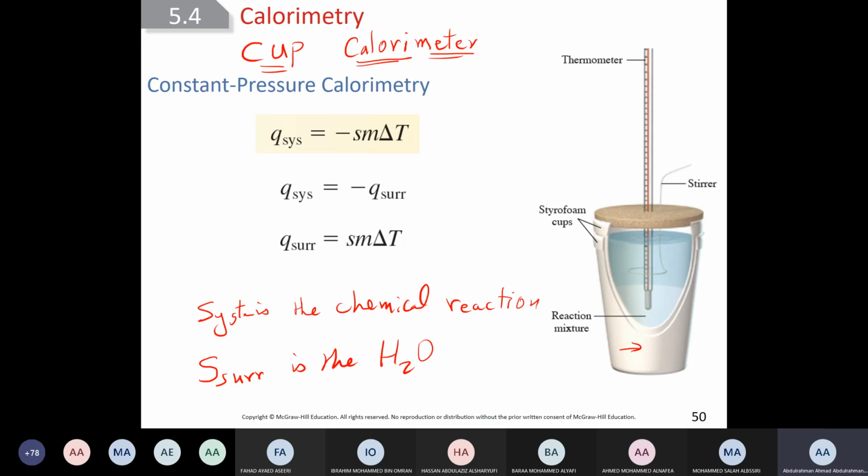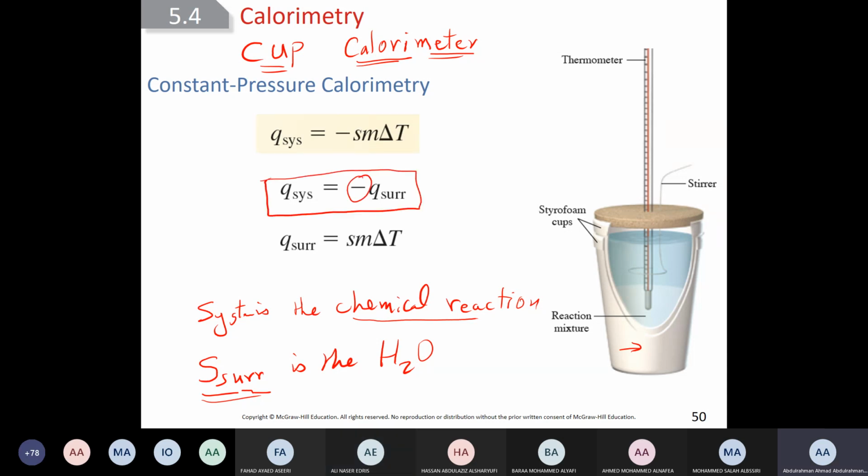So when we measure the heat of the water, what does that mean? We measure the heat of the surrounding. Okay. And if I want the heat of the reaction, what should I do with it? Multiply by -1. Exactly.